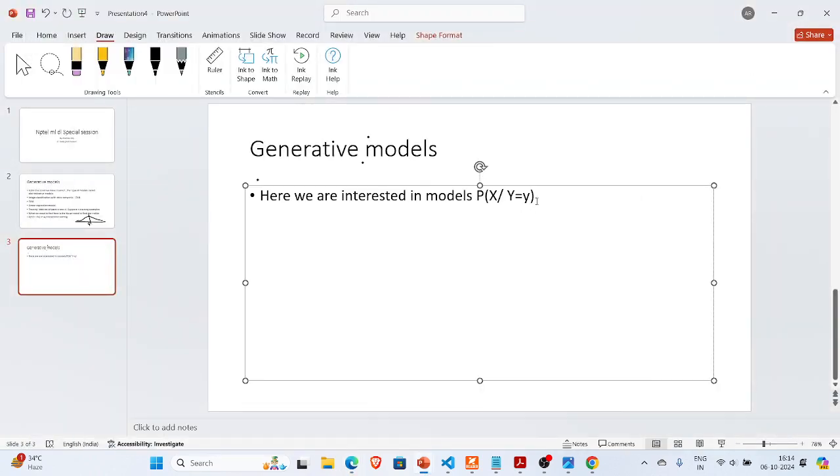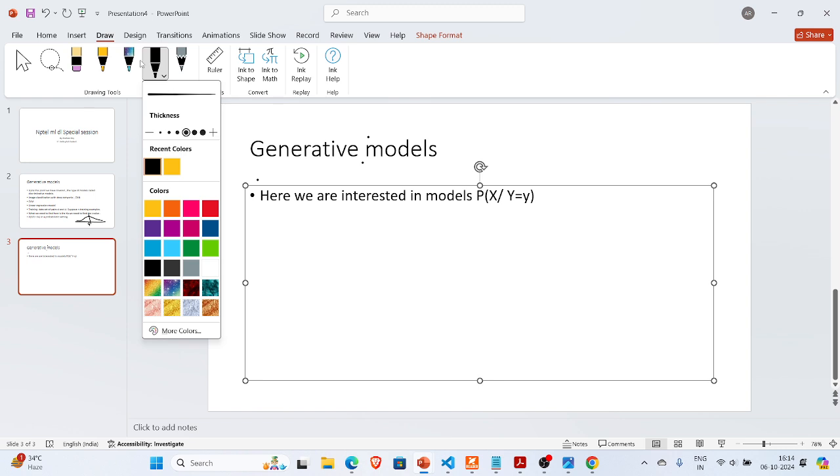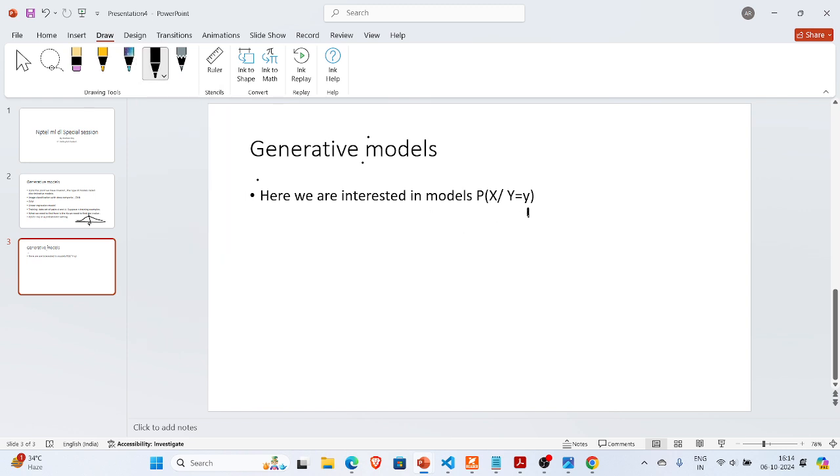What class of data do you want, and with that you can have newly generated training examples. So this is the definition of generative models. We'll get to the papers and understand more about it.